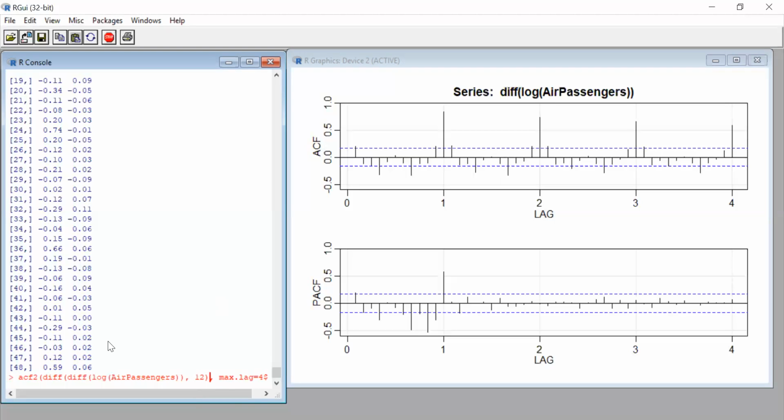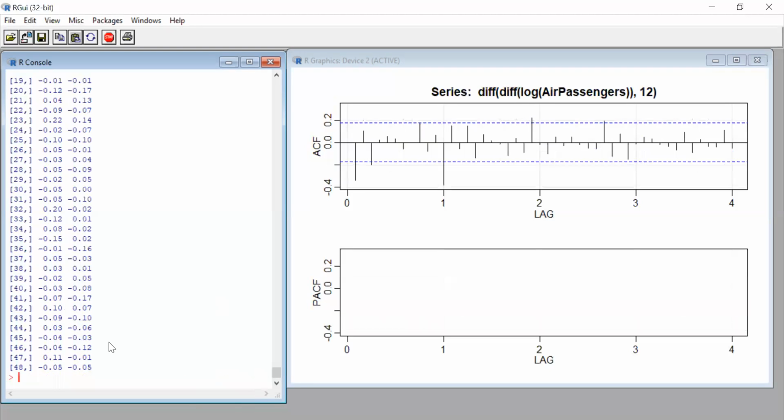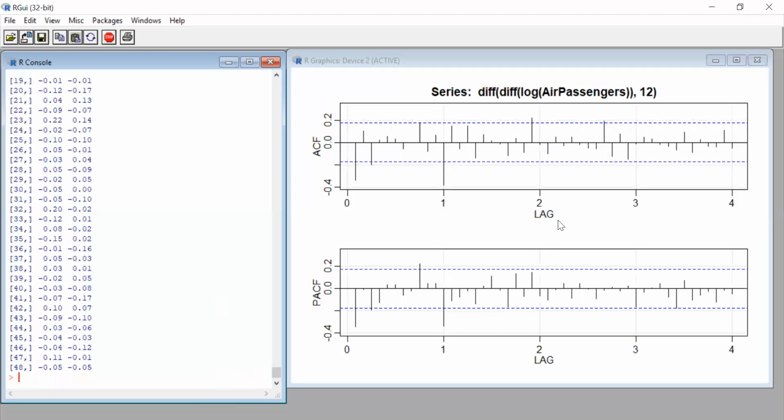So let me make the ACF and PACF again. Yep, it is the pattern of the ACF and PACF when we delete the seasonality. So when I delete the seasonality and look at the ACF and PACF, I think they are not tails off and tails off, right?